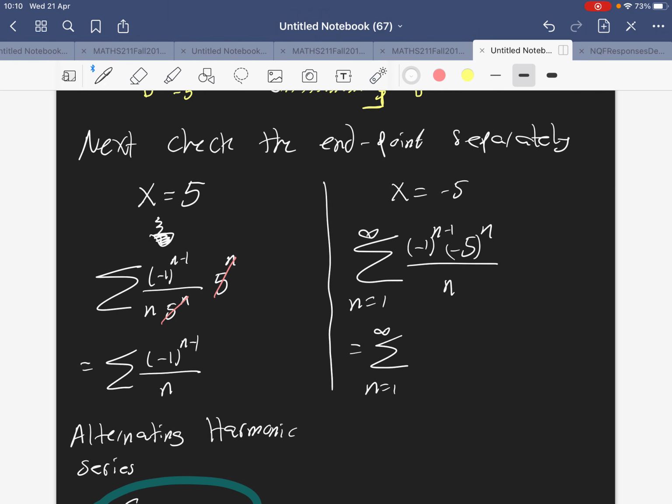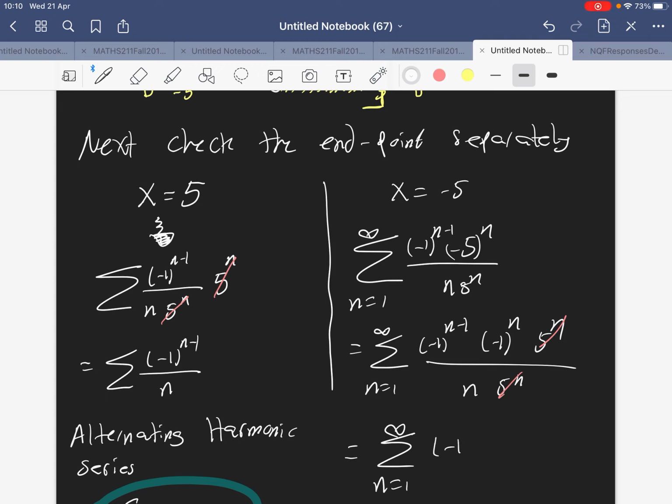Take the minus 1 here as a common factor, so (-1)^(n-1) times (-1)^n times 5^n over 5^n. There is cancellation, 5^n and 5^n. Now (-1)^n times (-1)^n will give me plus, so we'll have just a minus 1 in the top. So we get (-1)^(2n-1) over n.